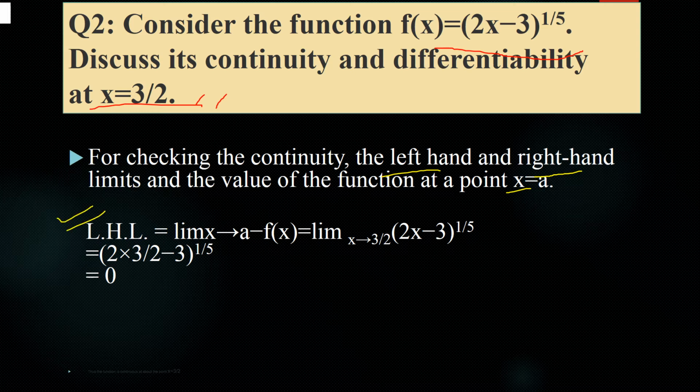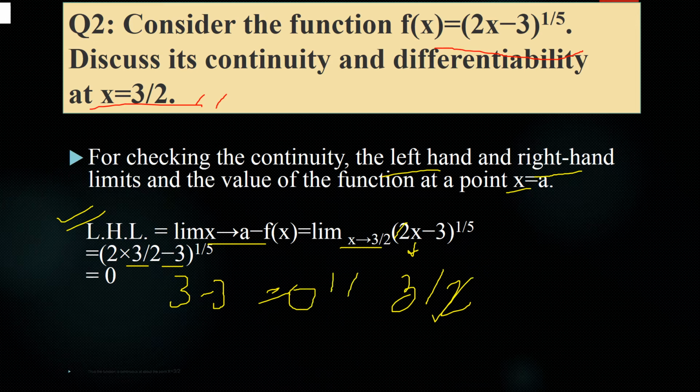LHL equals limit x tends to a minus of f x, equals limit x tends to 3 by 2 of (2x minus 3) power 1 by 5. If we put x equals to 3 by 2, cutting the 2 and 2, we get 3 minus 3, which is 0, so 0 power 1 by 5, which is equal to 0.